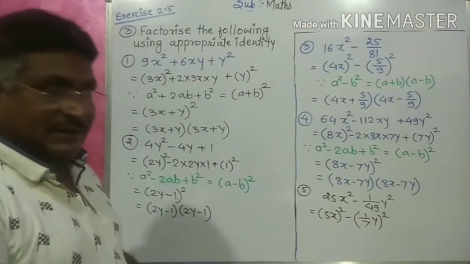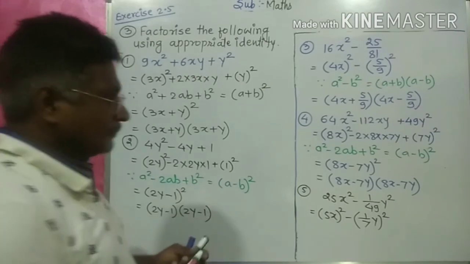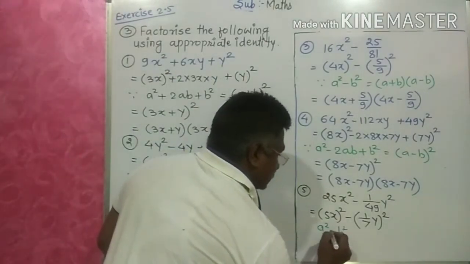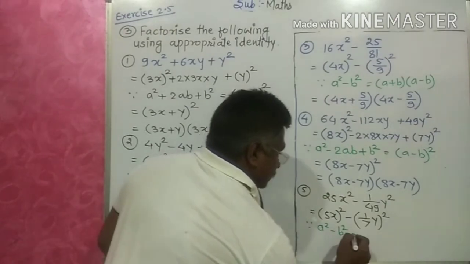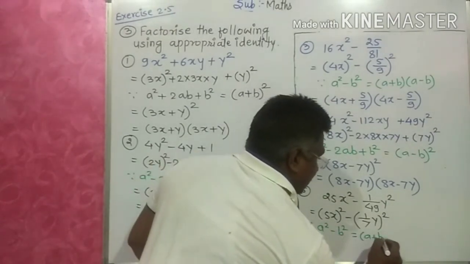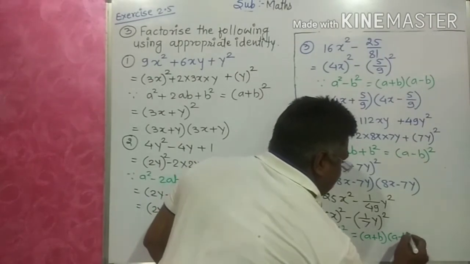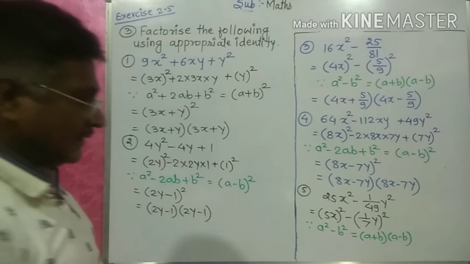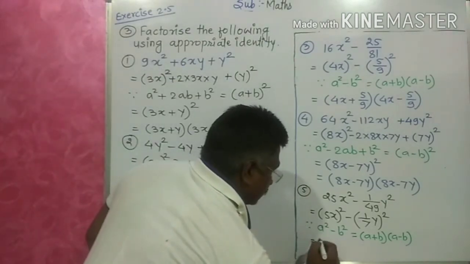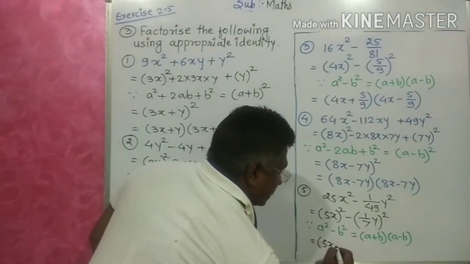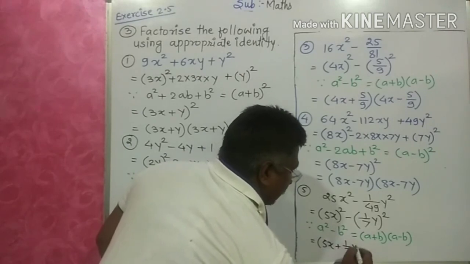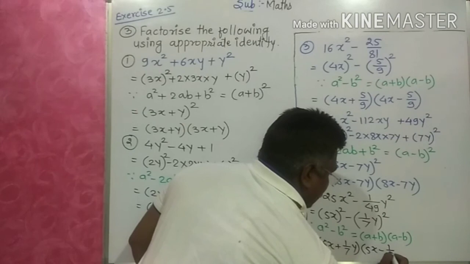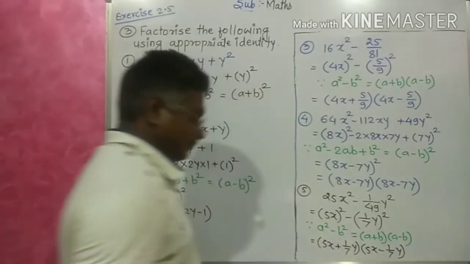Which identity is there? a square minus b square. So we get (a plus b) into (a minus b). Using this identity, we get (5x plus 1 by 7y) into (5x minus 1 by 7y).